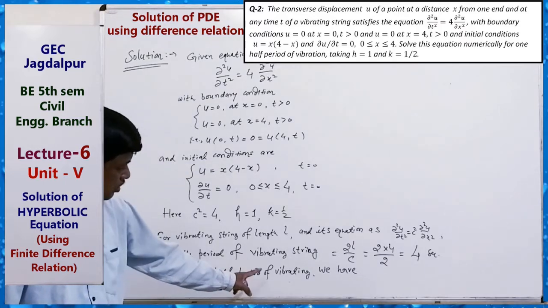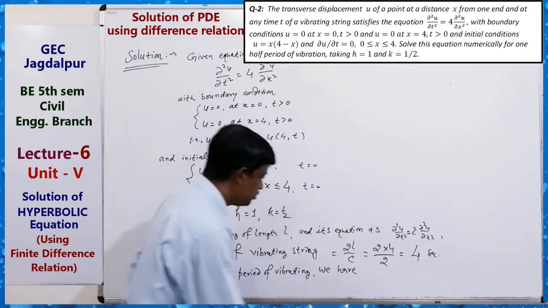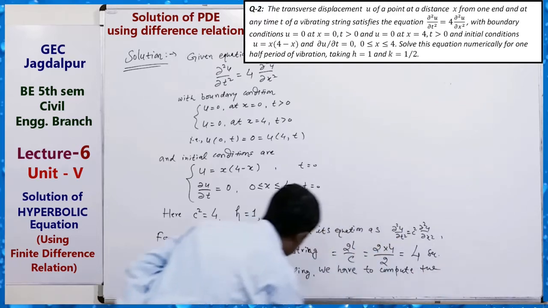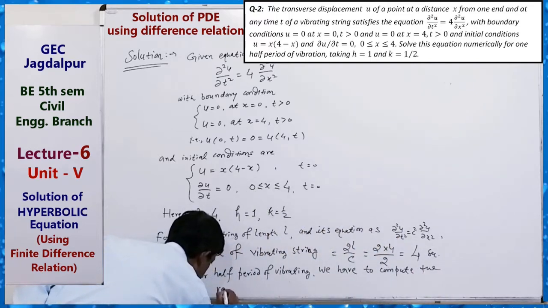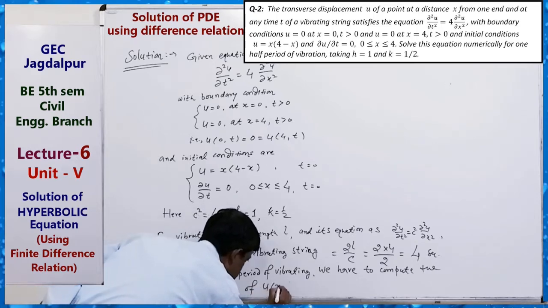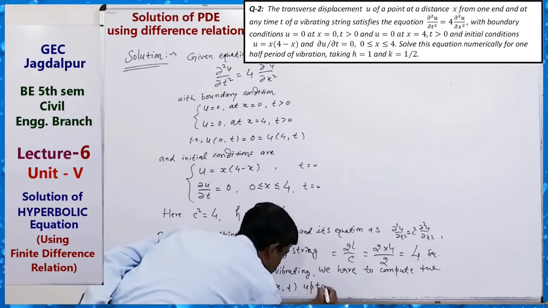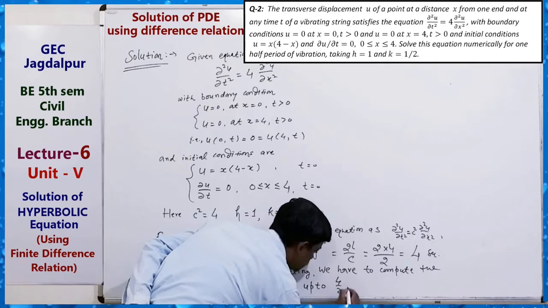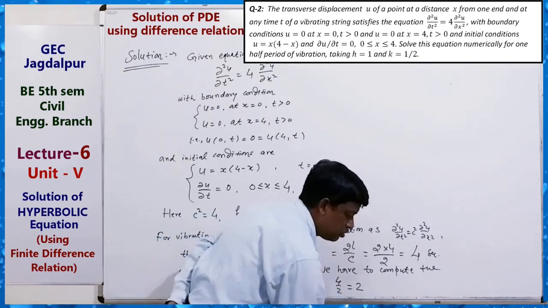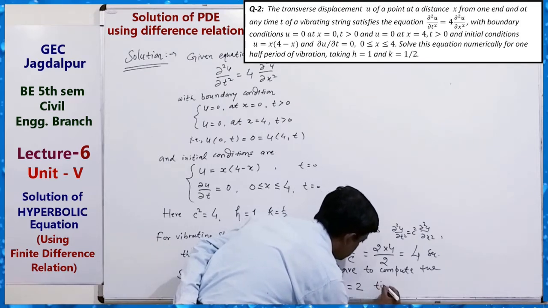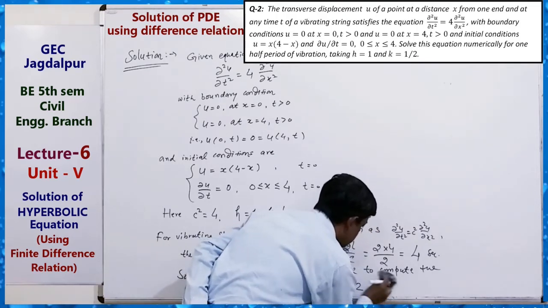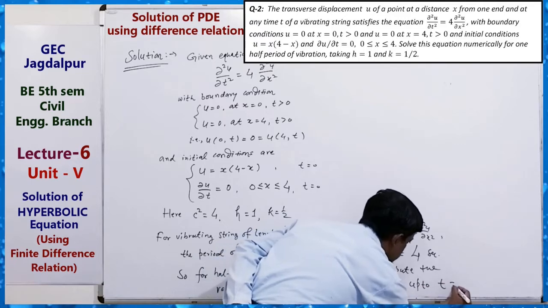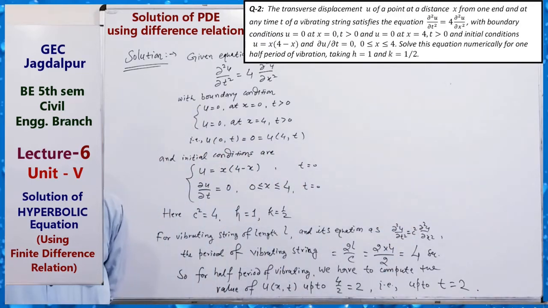So for half period of vibration, we have to compute the value of u(x,t) up to half period, that is 4 by 2 equals 2, up to t equals 2.